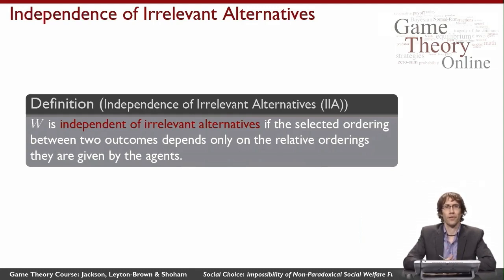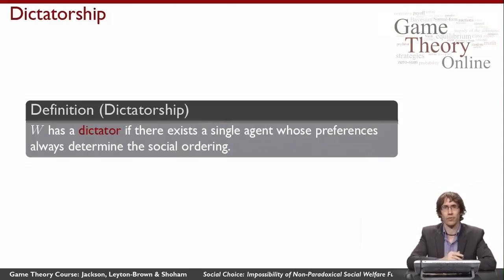So we'll say that a social welfare function is independent of irrelevant alternatives if the way that I rank between A and B only depends on the way that all of the individual agents ranked A and B. So if I want to decide in the social ordering how it is that I compare A to B, I should do that only by looking at how all of the individual agents relatively ranked A to B. So I shouldn't care about how everyone felt about A and C or about B and D. I should just look at the A-B rankings for everyone, and that should tell me how the social welfare function ranks between A and B.